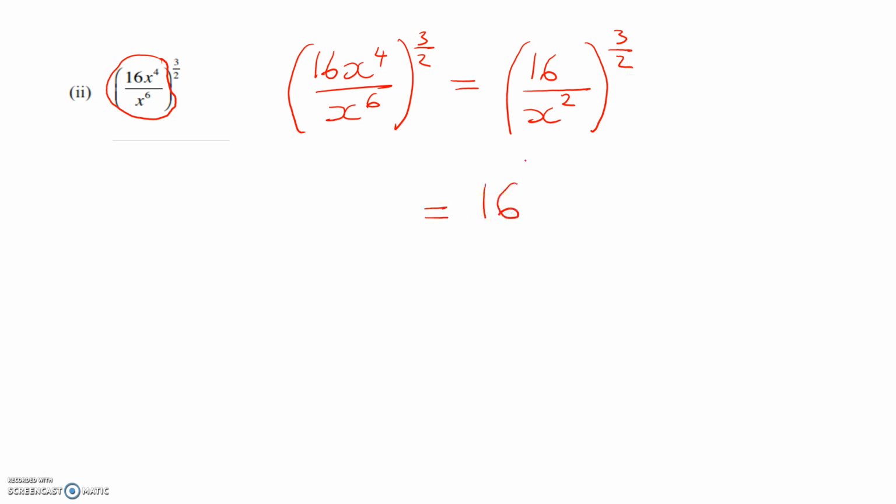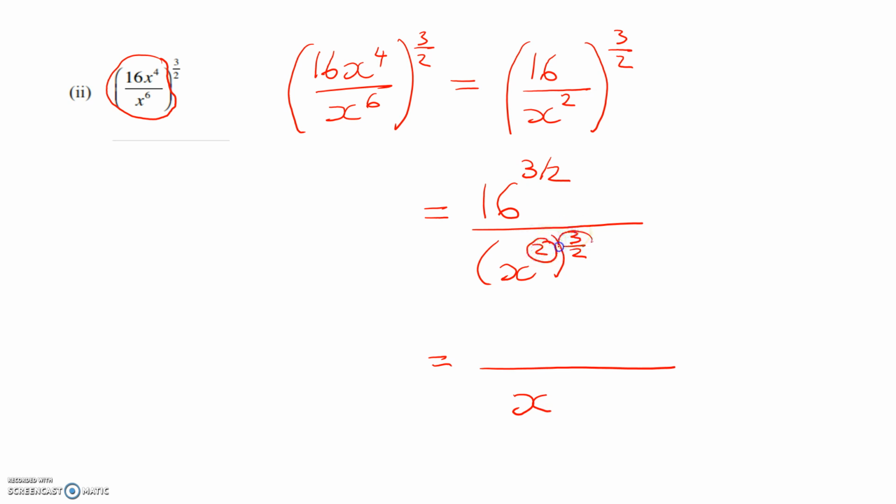So that's equal to 16 to the power of 3 over 2 times x squared to the power of 3 over 2. So working first with the denominator, that's equal to x to the power of 2 times 3 over 2, which gives me x cubed.